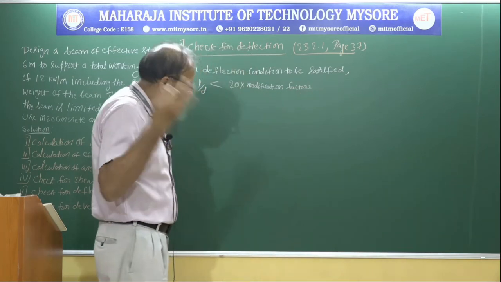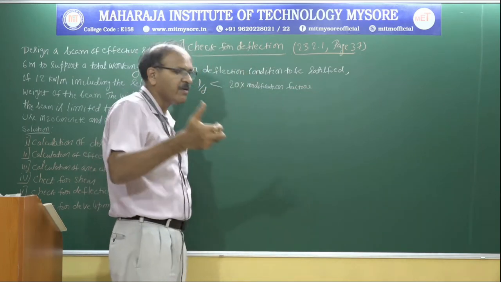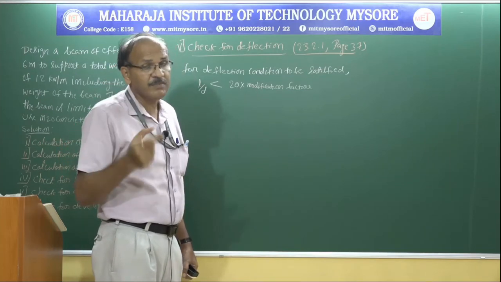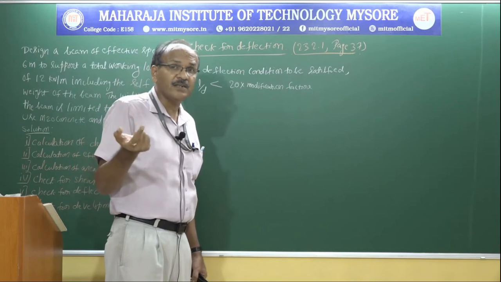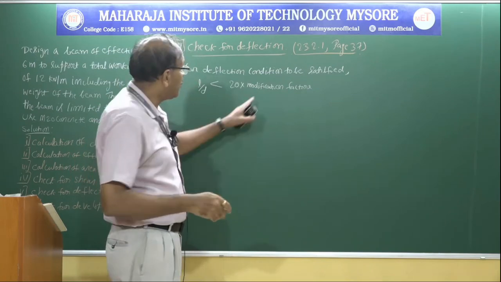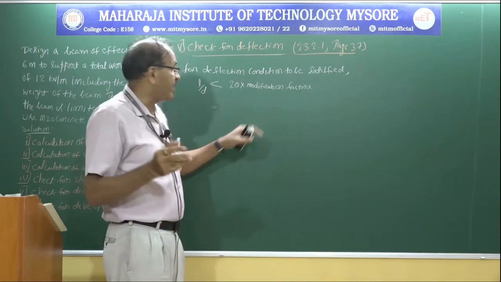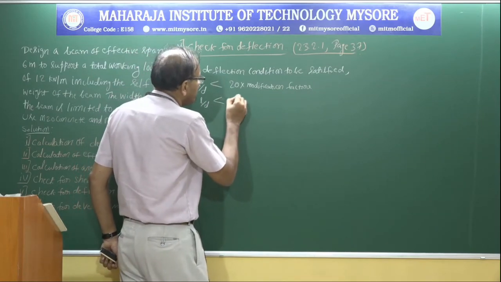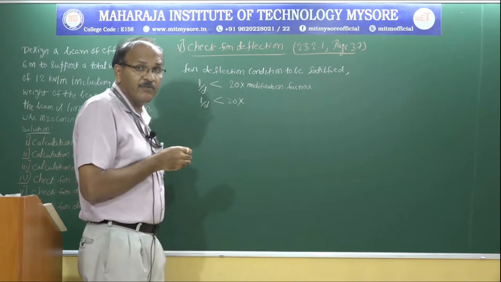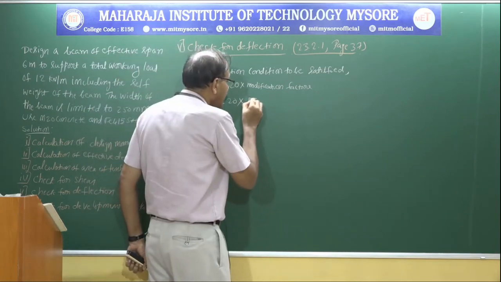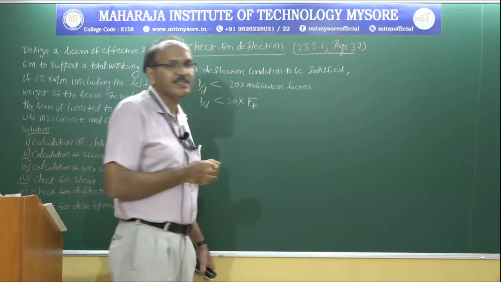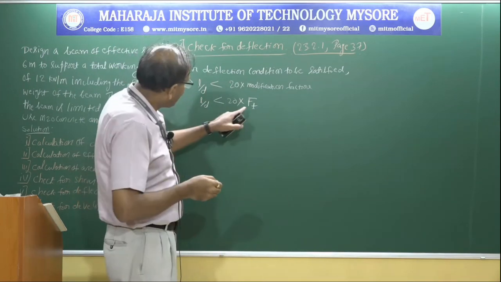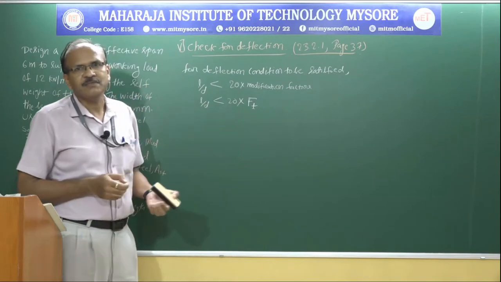As I said, there are 3 modification factors: tension steel modification factor, compression steel modification factor, and flange section modification factor. The second and third don't apply, so I am going to apply only one modification factor. So the L by D ratio should be less than 20 multiplied by Ft, the modification factor for tension steel. So I need to find out what Ft is.